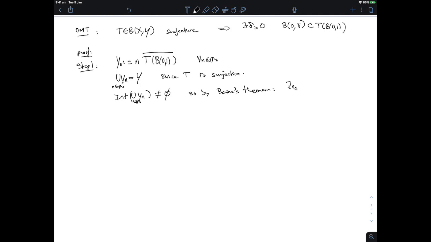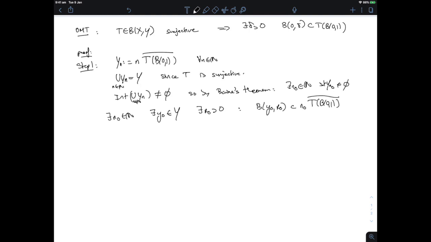So there has to exist an n_0 such that Y_{n_0} has non-empty interior, as in it includes an open ball. So there has to exist an n_0, but also a y_0 in Y and a radius, let's call it r_0, such that the ball centered at y_0 of radius r_0 is included in n_0 times the closure of the image of the unit ball by T.